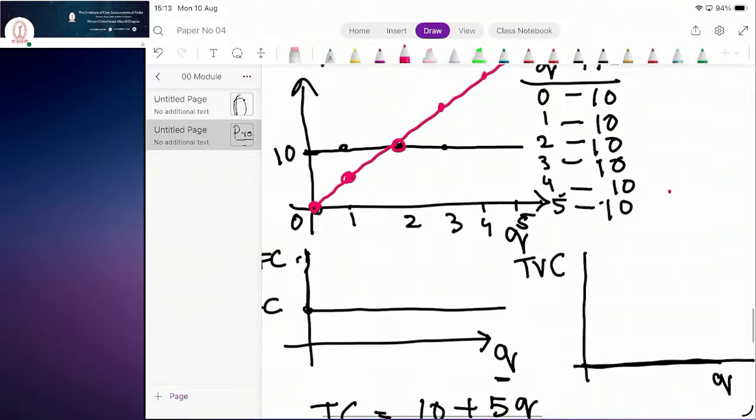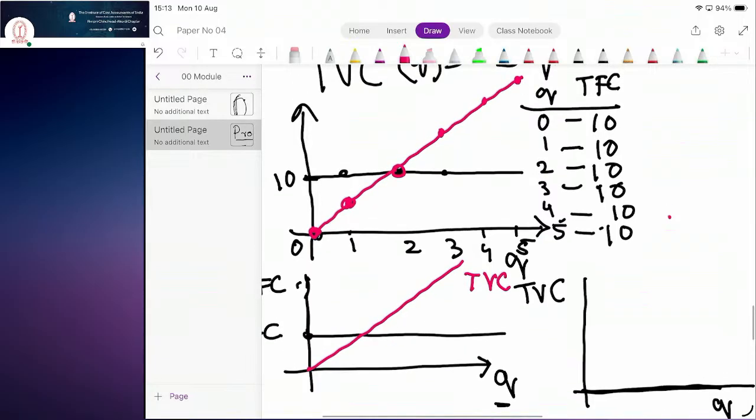In general, the graph of TVC will be like this. Did you complete this? Okay, good.